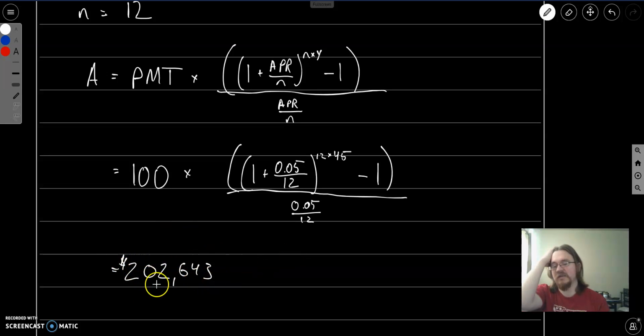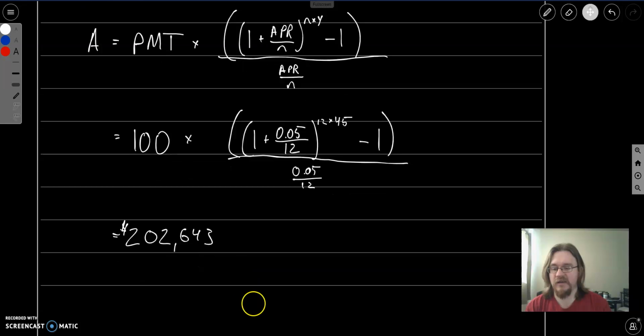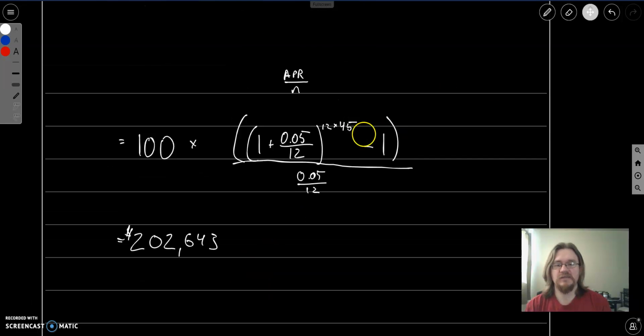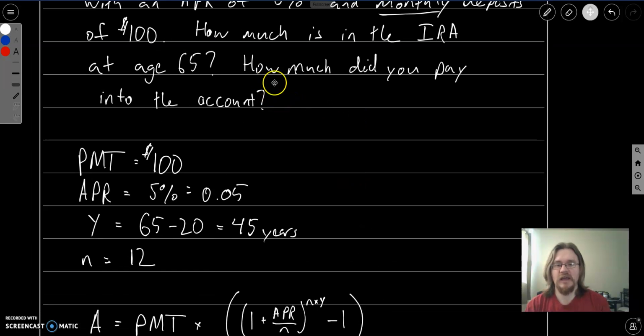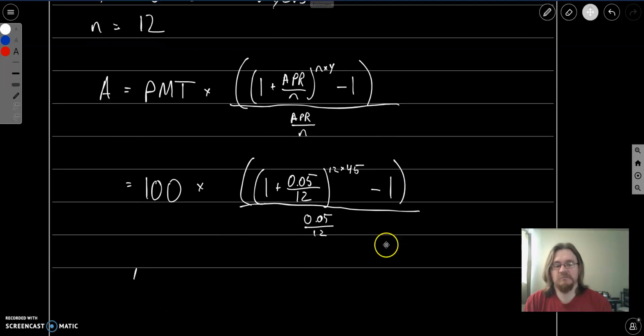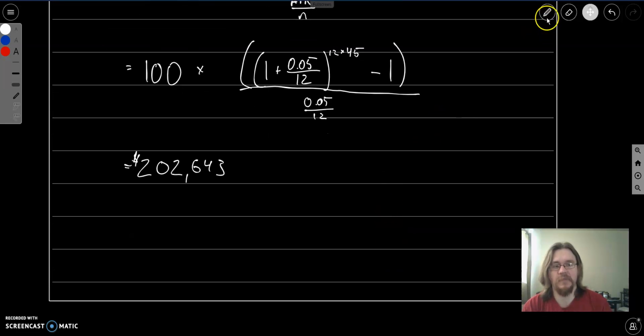So at $100 a month for 45 years, that looks like quite a bit of money to have at age 65. But let's see how much did we actually pay into the account. So if we do pay $100 a month for 45 years, how much did we actually pay? Well, we paid $100 every month.